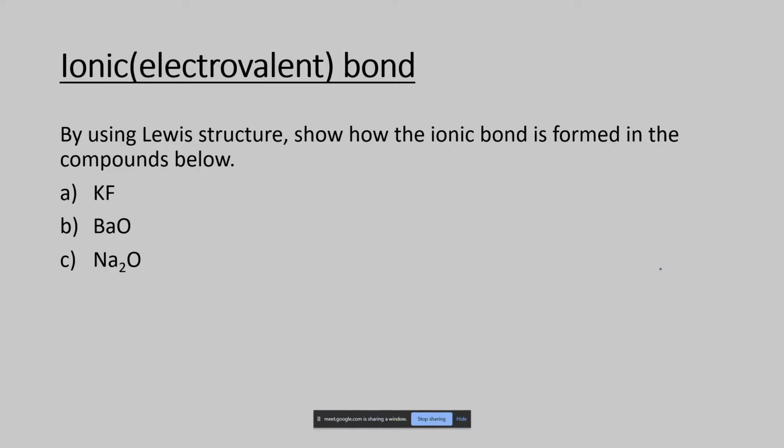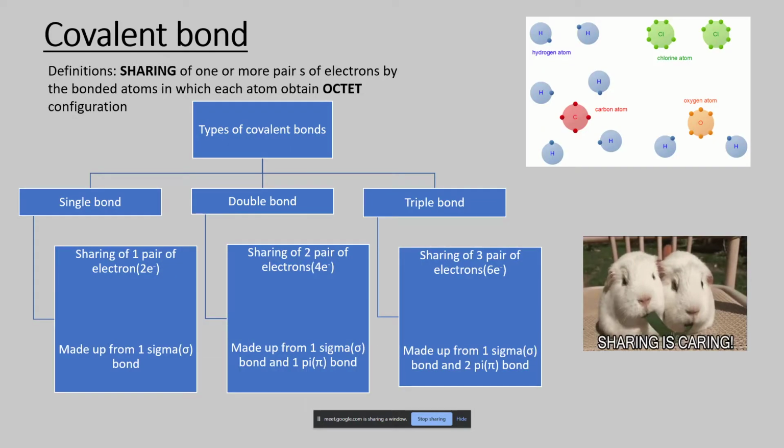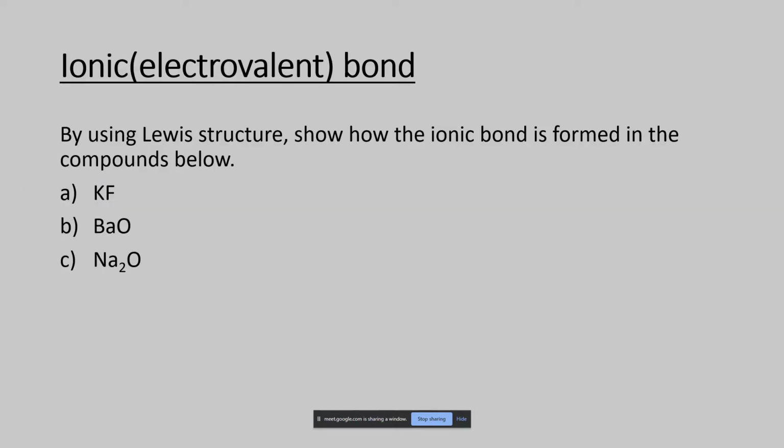Okay. So, by Lewis structure, show the ionic bond formed in the compound below. Okay, so let's see. I'll give you example of C lah. You guys boleh try untuk KF dengan barium oxide. So let's do C. So sodium and oxygen.